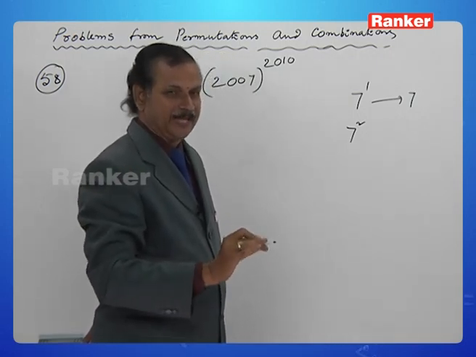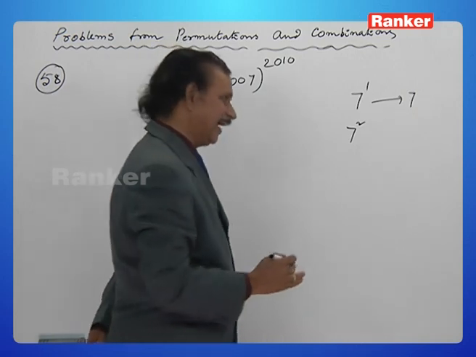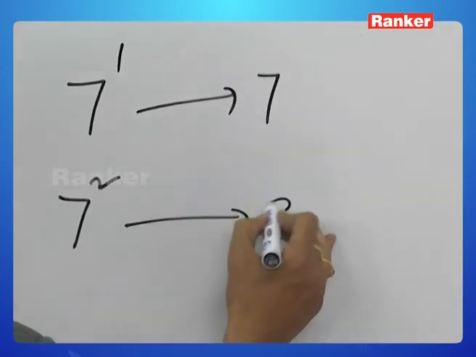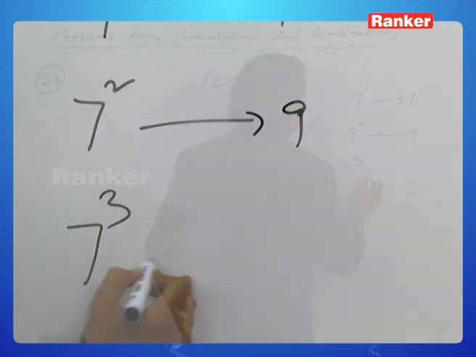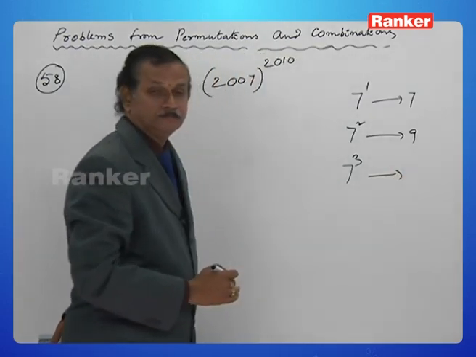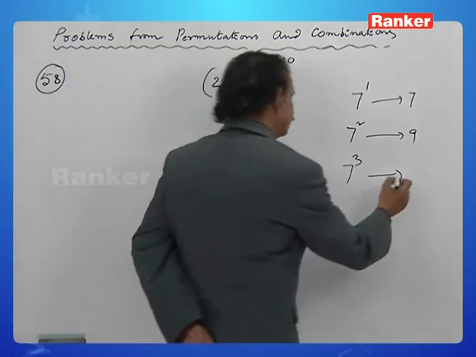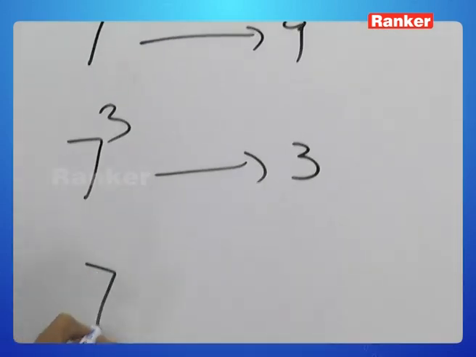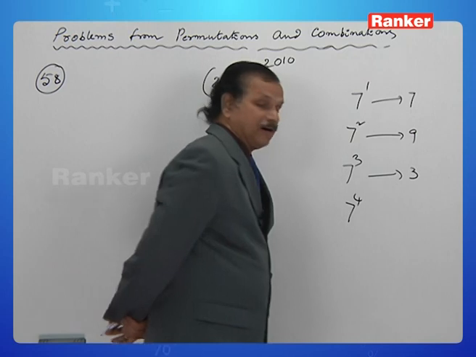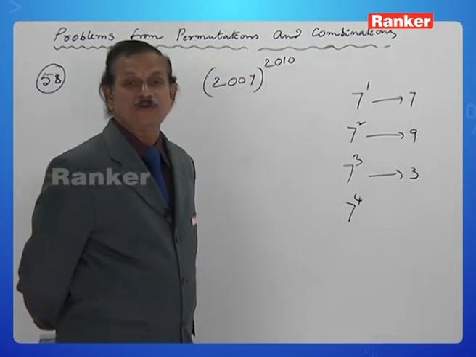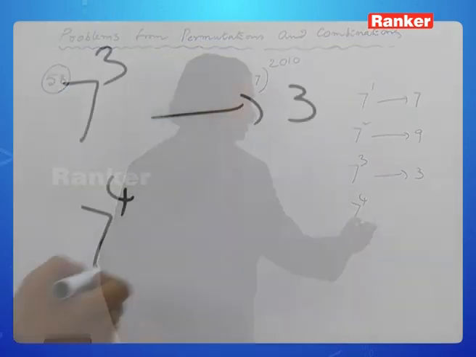In that 49, what is the last digit? 9. 7 cube. What is 7 cube? 343. What is the last digit? 3. 7 power 4. What is 7 power 4? 2401. What is the last digit? It is 1.